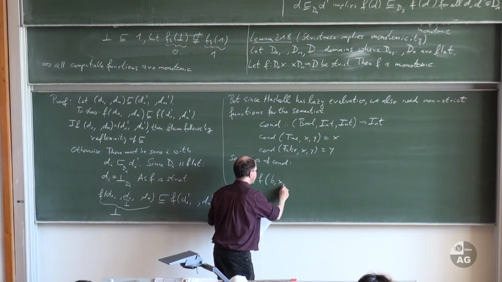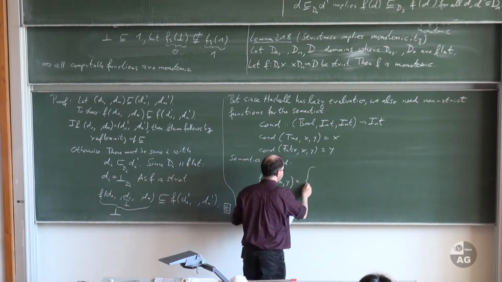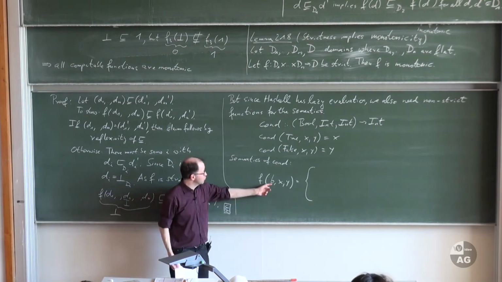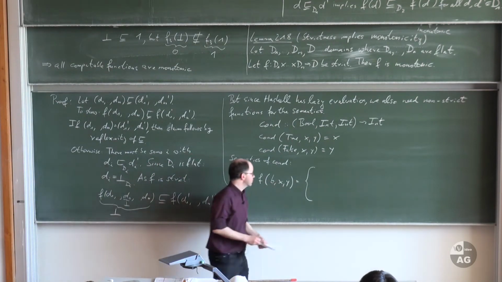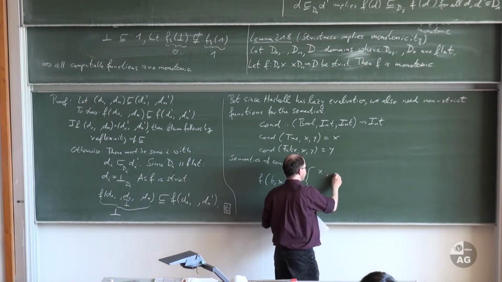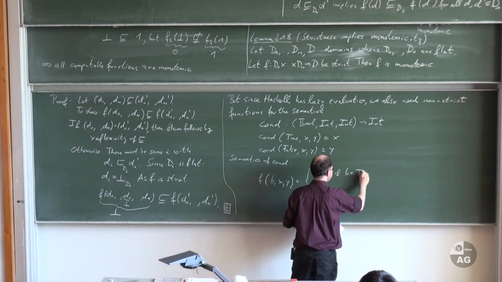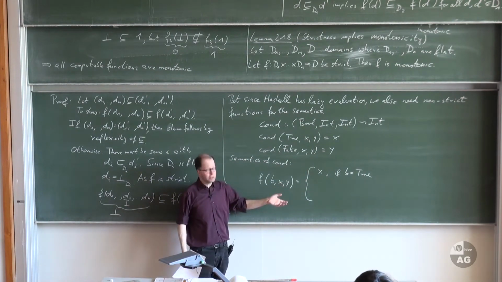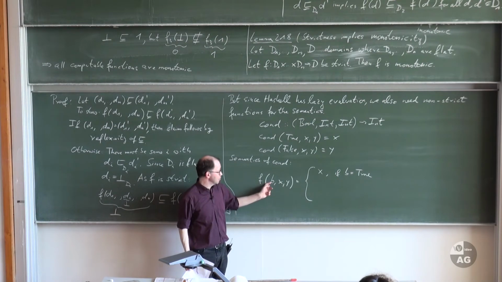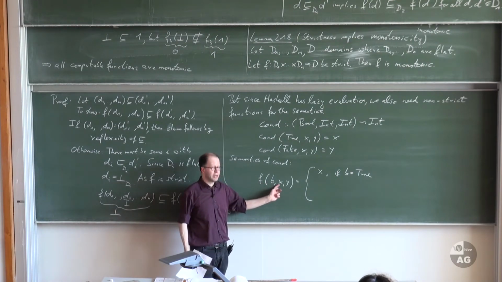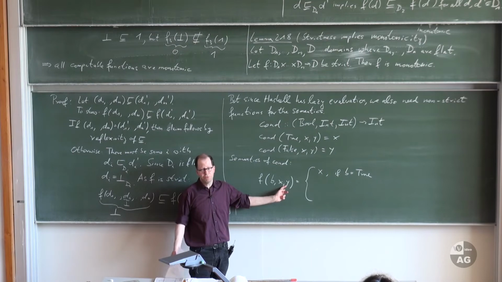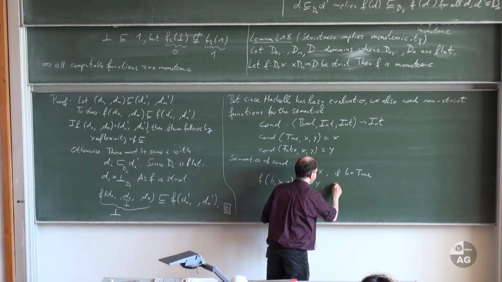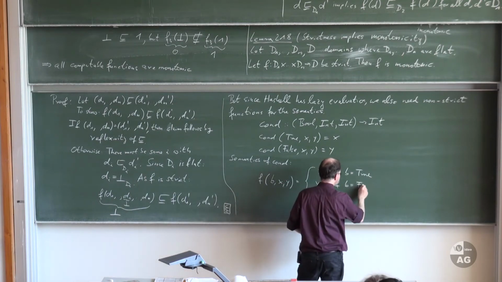So b x y, and well, if b is true, then it should return x. And this also holds if y is bottom. So this is non-strict. As long as the first argument is true, it will only return the second argument. It will not care about the third one, even if the third one is undefined. And similarly, if b is false, it should return y.